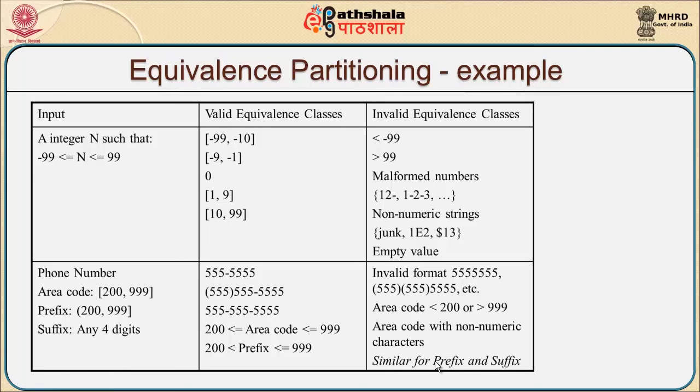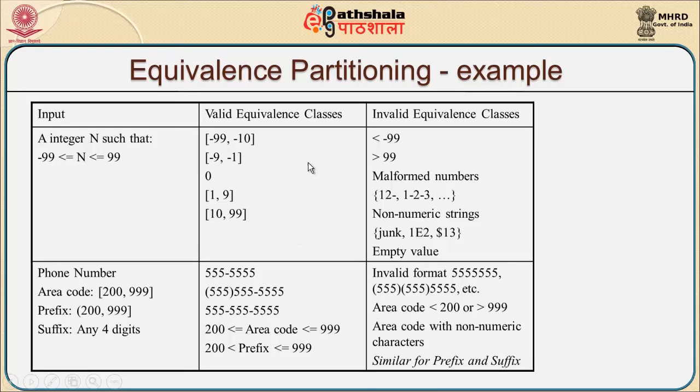So, I hope the valid and invalid equivalence classes are correctly distinguished. Within this, it is our responsibility to test any one of these values, identify say 0 as one of the values and test it, then this should hold for all the values. If you feel this 0 is not sufficient for your testing, then it can be performed with any one value in the lower range and any one value in the higher range.